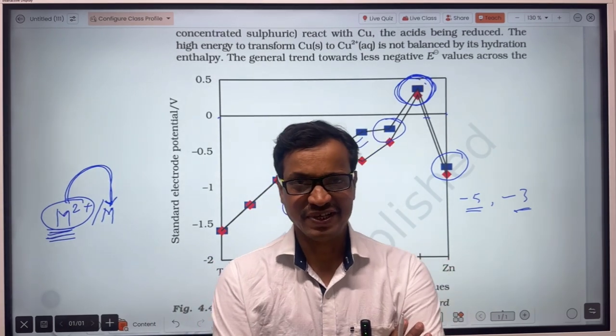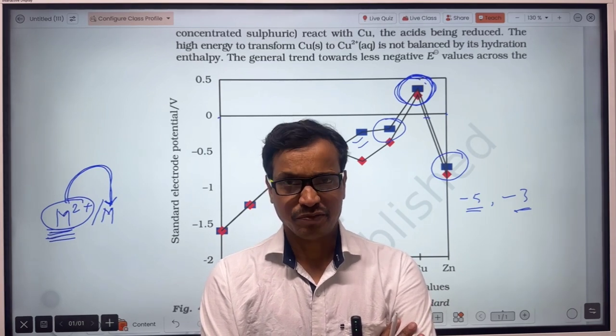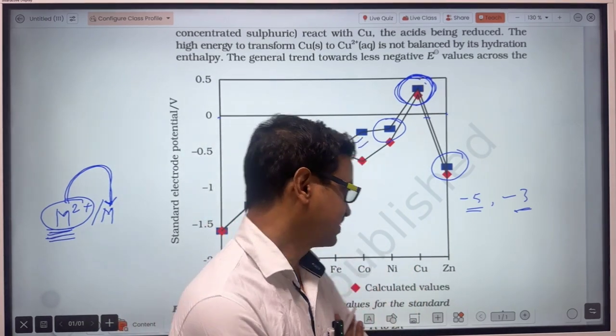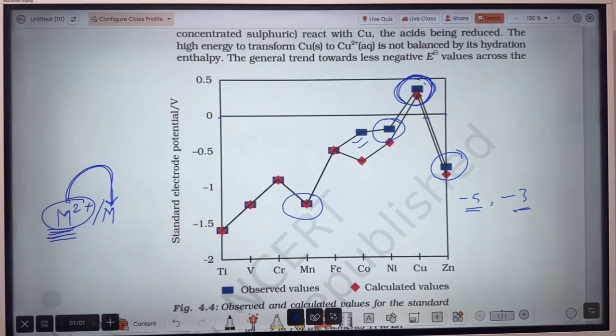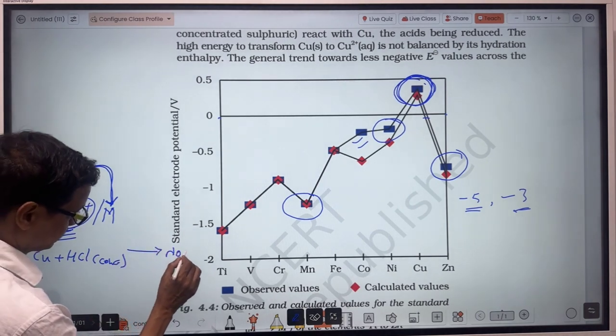That means copper will have less tendency to be in the +2 oxidation state compared to hydrogen, and that's the reason copper does not displace hydrogen from acids. When copper reacts with HCl, even concentrated HCl, no reaction takes place.